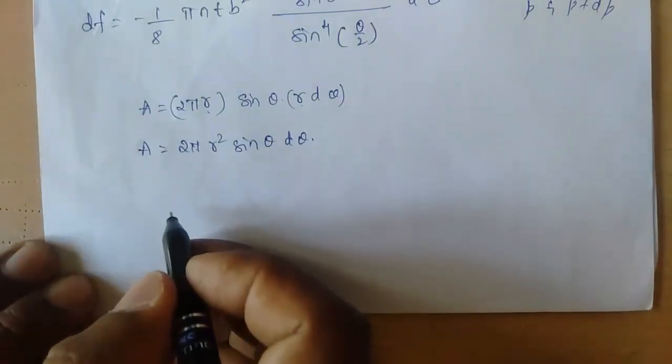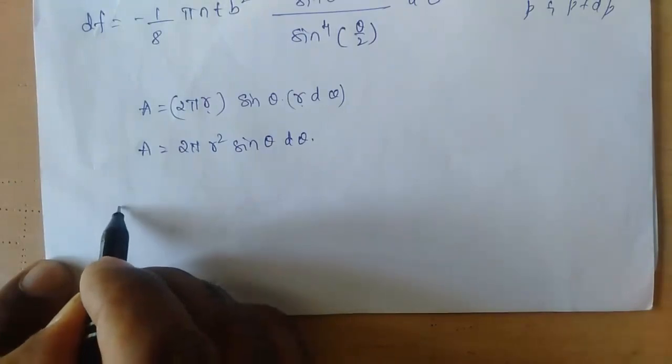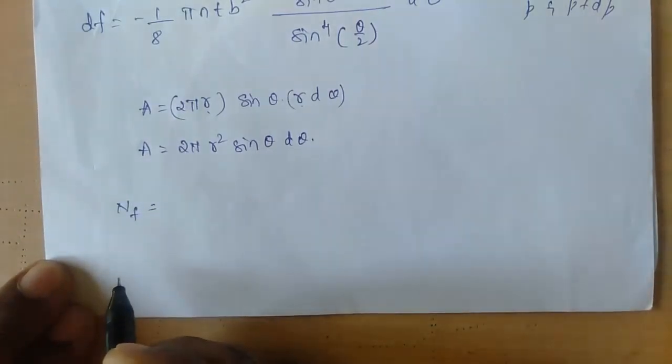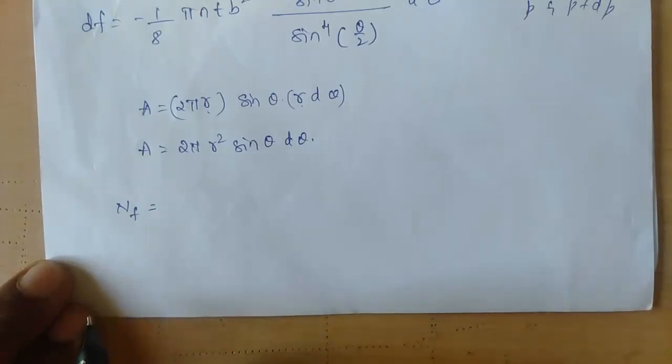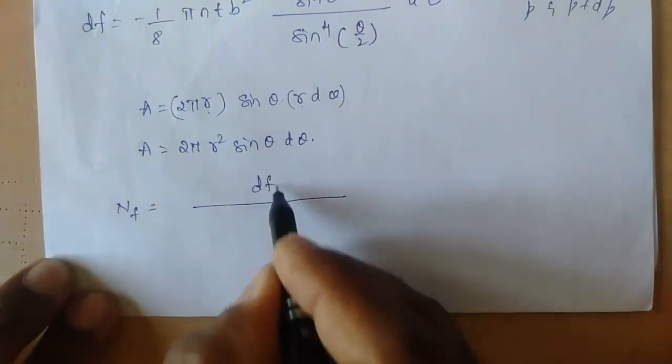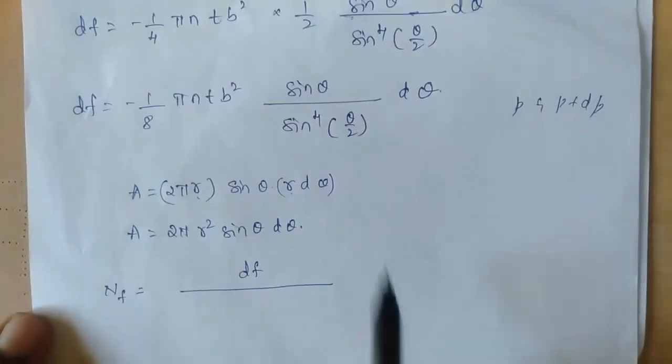Now we can write the fraction of alpha particles that are deflected at the cross-sectional area of the screen, which is kept at a distance of r from the target element, as N_f = dF. We have already calculated the value of dF, that is here.